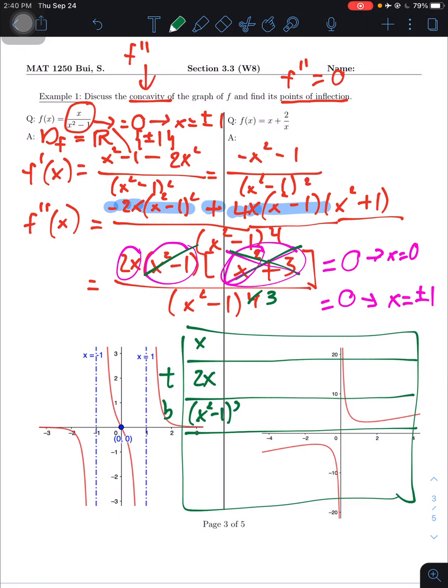And lastly, we're gonna have to find the sign of the second derivative. So this is the second derivative, which is the whole function in here. Let me make a note in here. Let me rewrite this one in here. It's gonna look like 2x times x squared plus 3 over x squared minus 1 cubed.